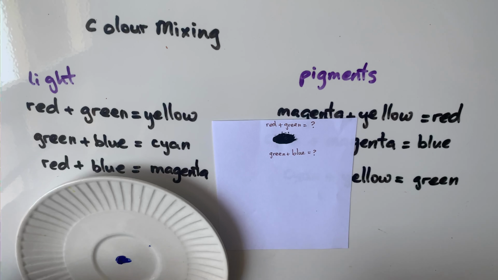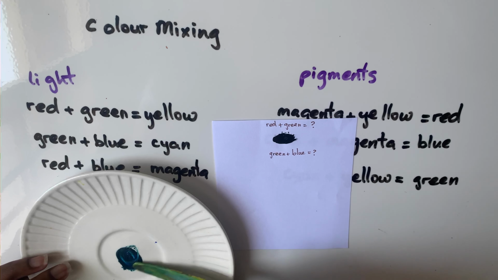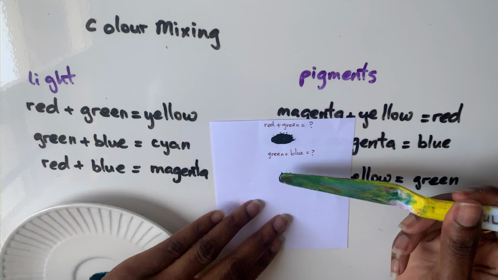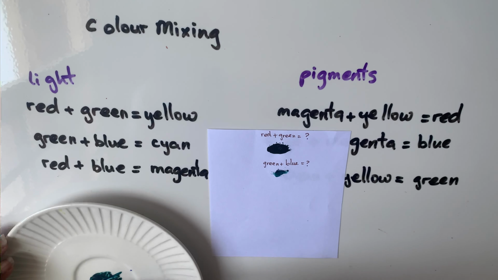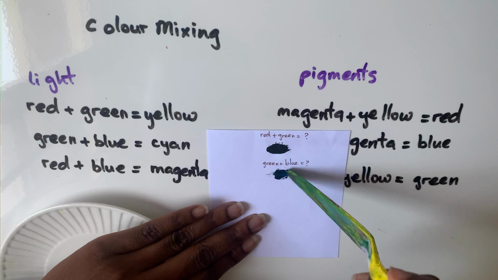And then we have the phthalo green. I'm going to mix them. I'm sorry, these are really thick because I don't use them at all, though I've had them for years. So we get a kind of teal, which is not cyan. And I'm just going to swatch that here.